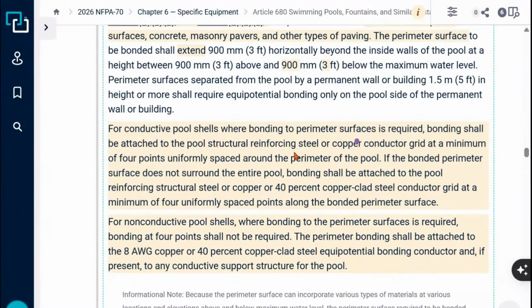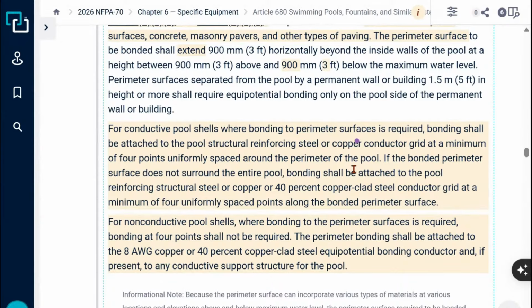This talks about 40% down here. So it has to connect to that grid or the reinforcing steel at a minimum of 4 points uniformly spaced around the perimeter of the pool.